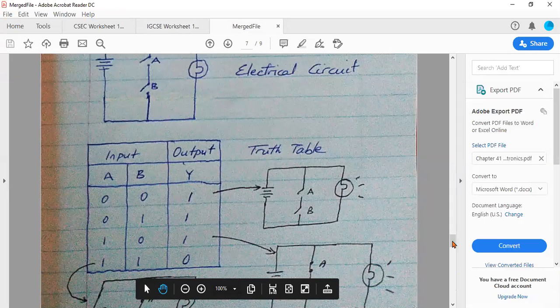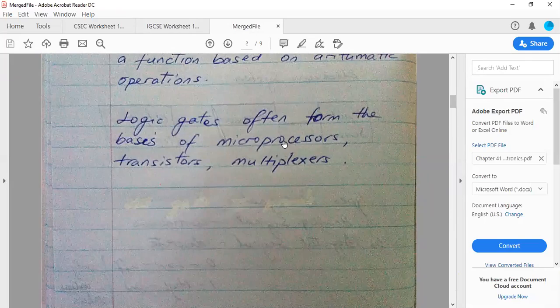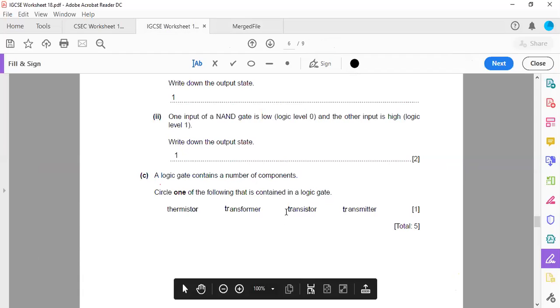Let's go back to our notes earlier. They said logic circuits often form the basis of microprocessors, transistors, and multiplexers. Good. So your answer is transistor. So this should be your answer here, the transistor one.